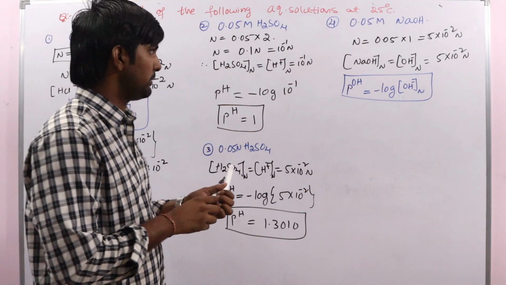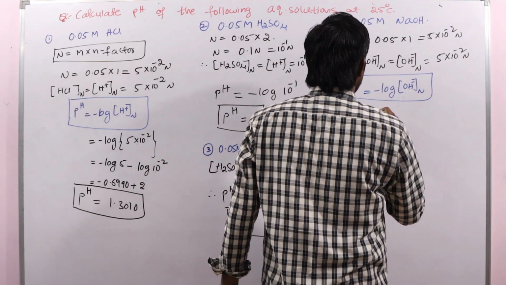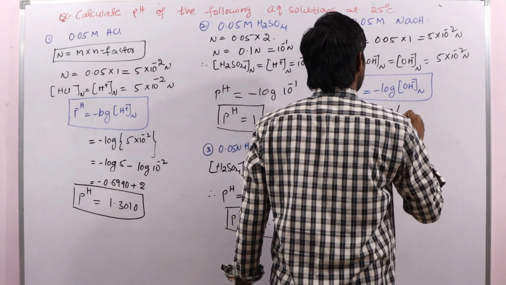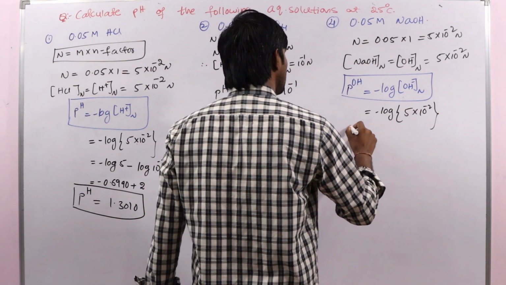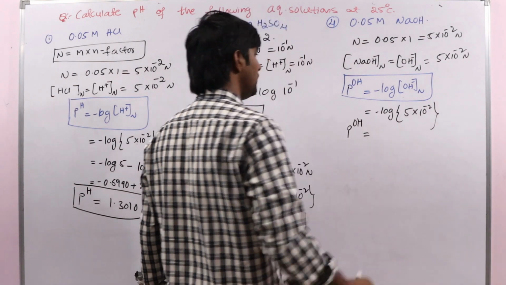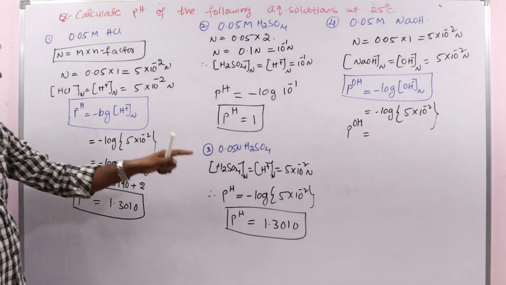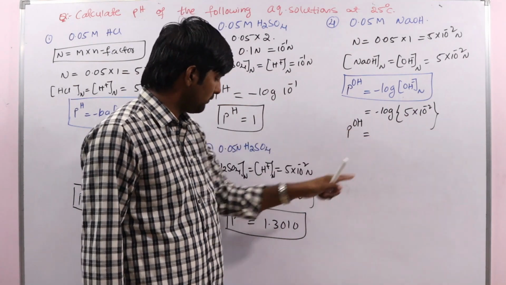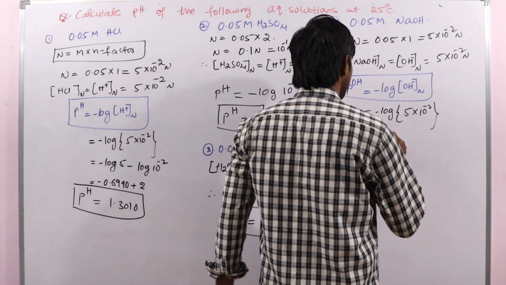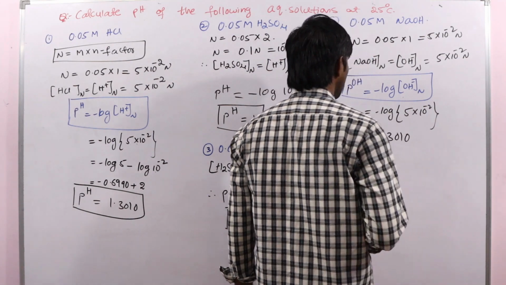If you substitute here, minus log 5 into 10 power minus 2. Okay, so pOH is equal to, we already simplified here, right? Minus log 5 into 10 power minus 2. Here also the same, we get pOH equal to 1.3010.